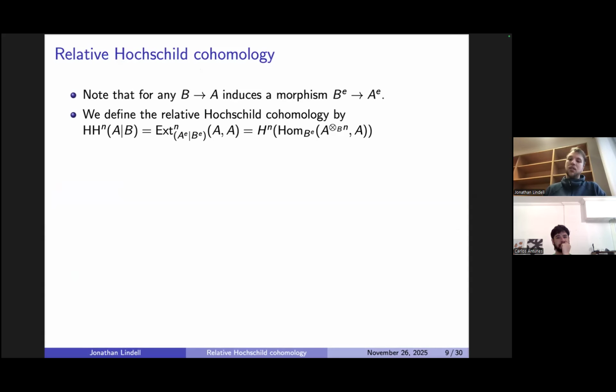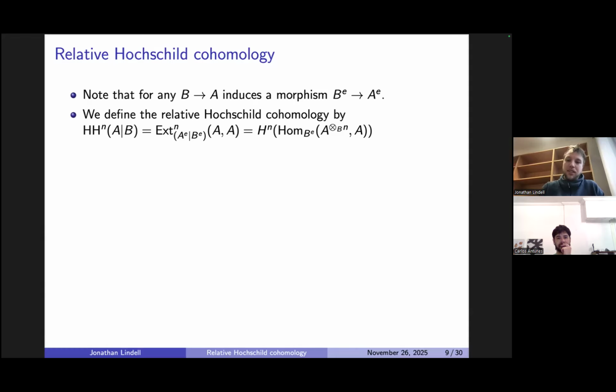And one can show that this is the same as the cohomology of the complex that we get where we apply the contravariant Hom functor to the relative Bar resolution.